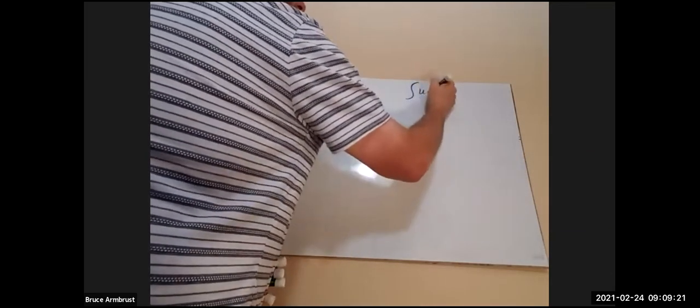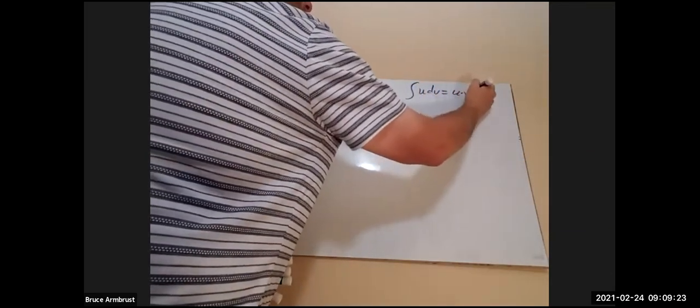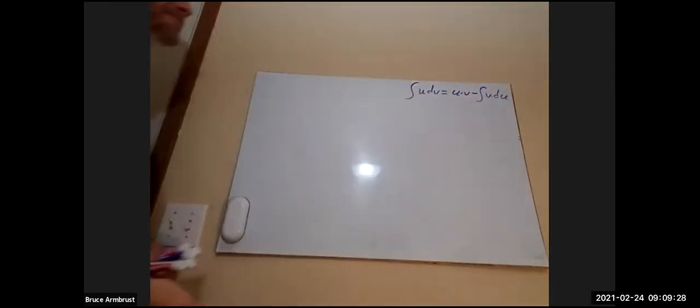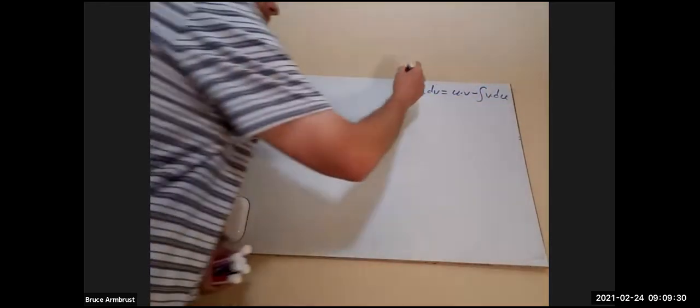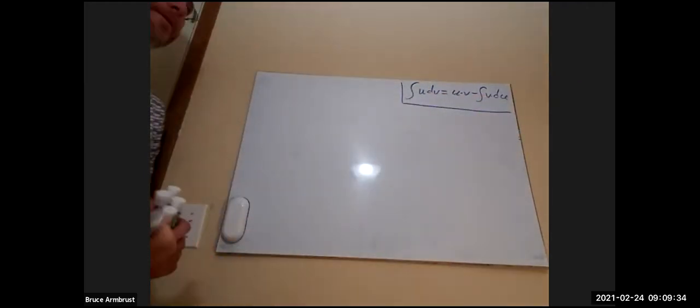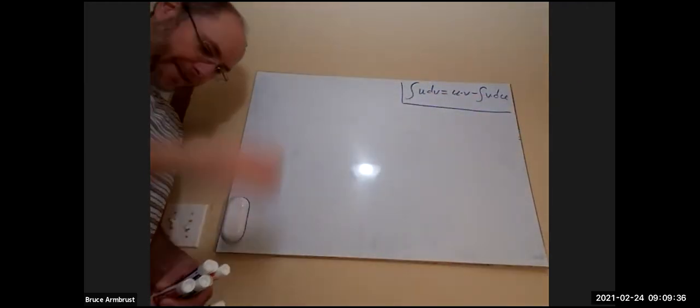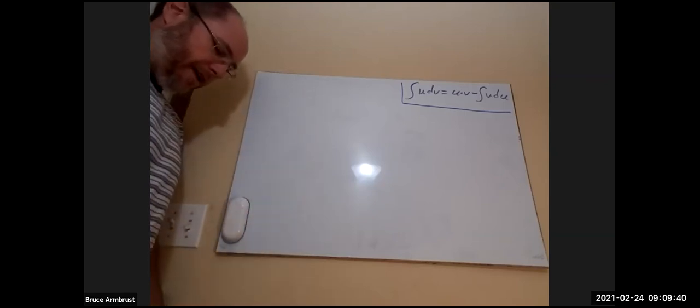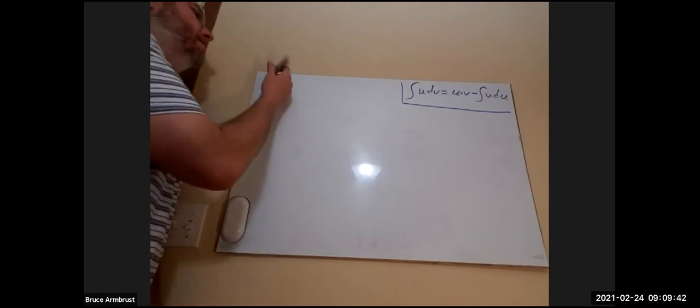Integral of u dv is equal to u times v minus integral of v du. I will try to remember not to erase that so I can reference it.